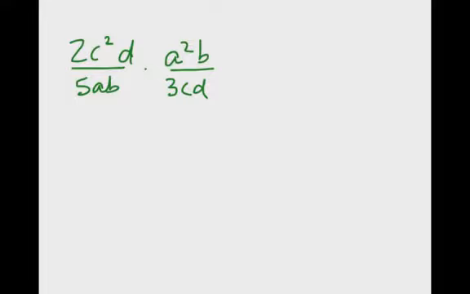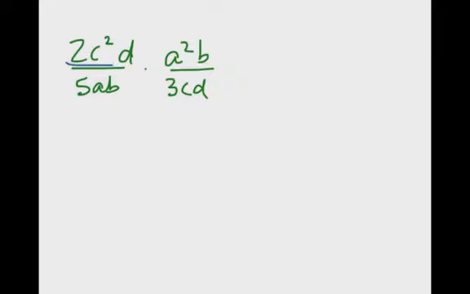We have 2c squared d over 5ab times a squared b over 3cd. The first thing we're going to do is try to simplify. If you think back to section 10.1, our last section, that dealt with a lot of simplifying, so we're going to be doing that same thing.